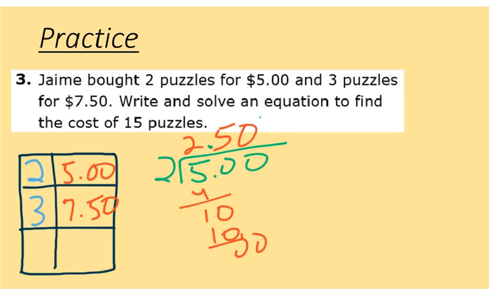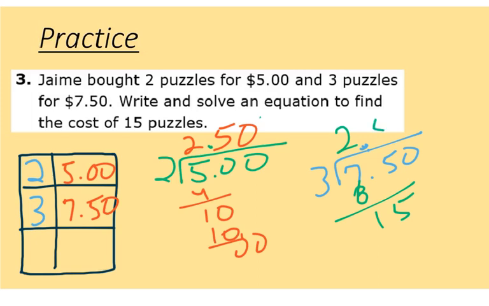Let's see if it is the same for the 3. So how many times does 3 go into $7.50? 3 goes into 7 2 times. Again, you have a remainder of 1, and you bring down your 5, and 3 goes into 15 5 times.